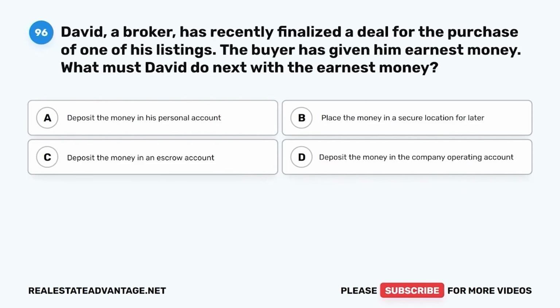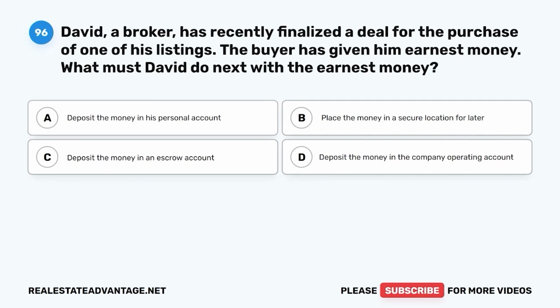Question 96. David, a broker, has recently finalized a deal for the purchase of one of his listings. The buyer has given him earnest money. What must David do next with the earnest money? A. Deposit the money in his personal account. B. Place the money in a secure location for later.